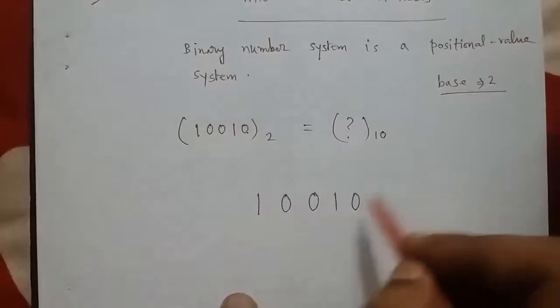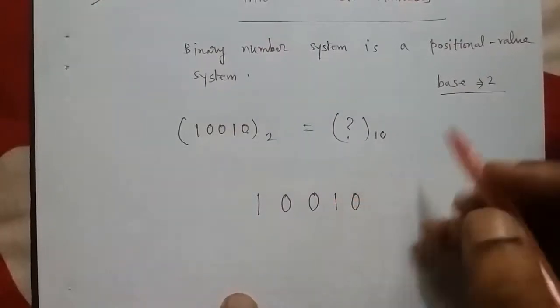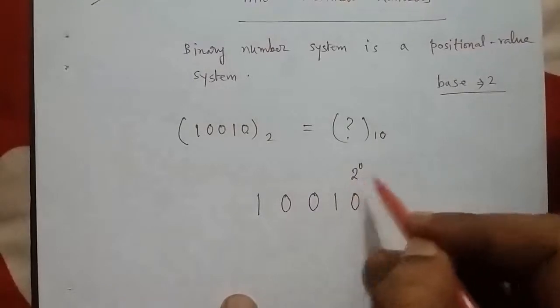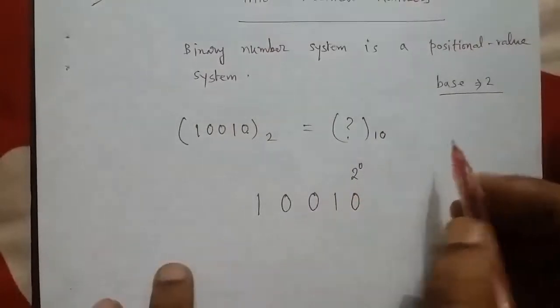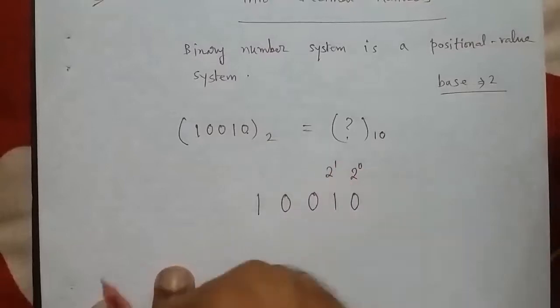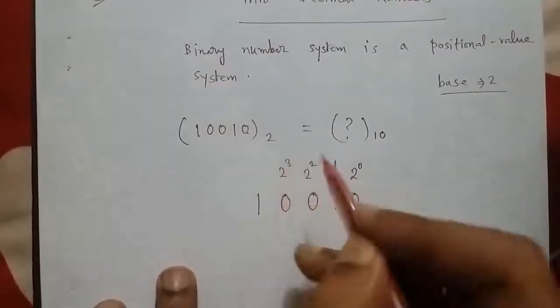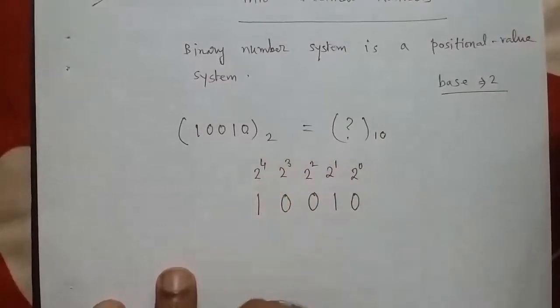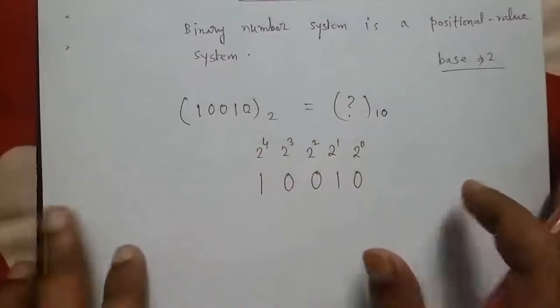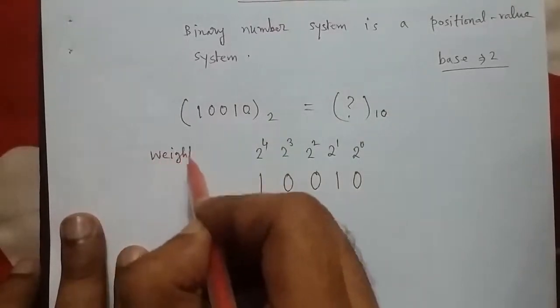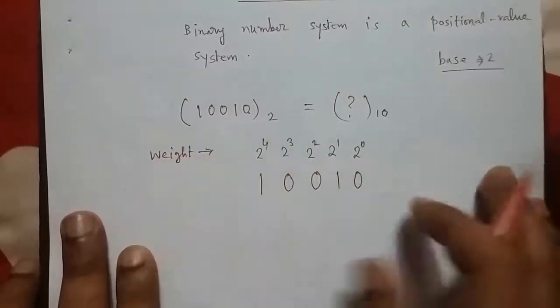So the least power of 2 will be 2 to the power 0, because 2 to the power 0 means 1 unit. This one will be 2 to the power 1, this one 2 to the power 2, this one 2 to the power 3, and this one is 2 to the power 4. Is that clear? These values are called weight, the weight of every position.